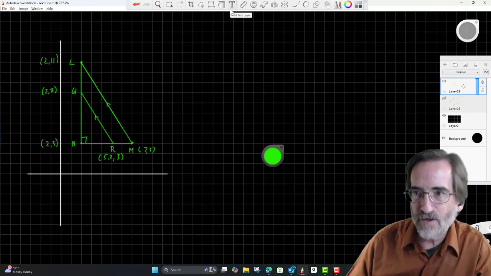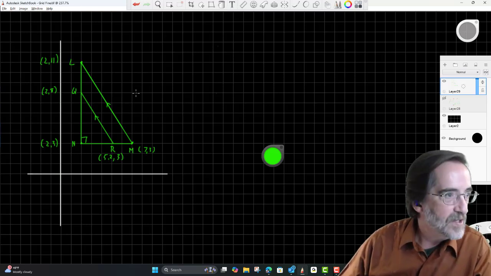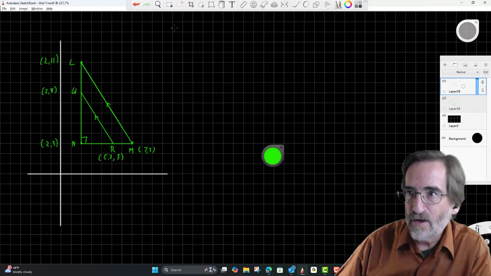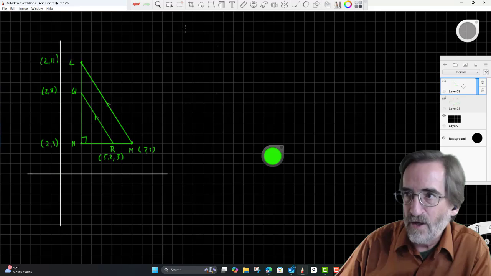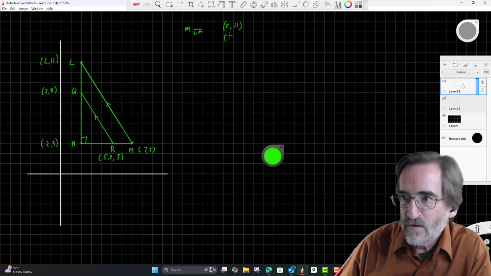If we get results that are close, we will count that as a confirmation. We're asked to find the slope to confirm that they are parallel. So the slope of LM can be found by comparing the 2 points, 2, 11, to 7, 3.